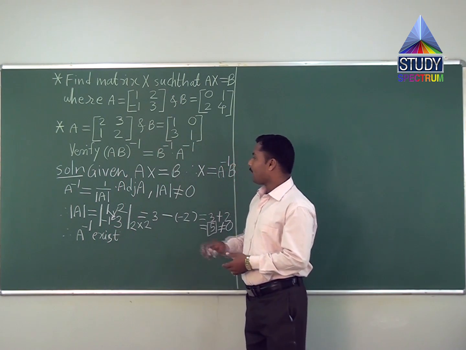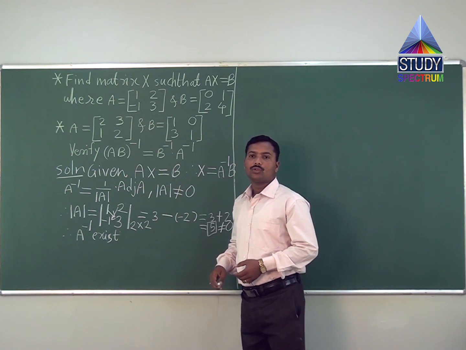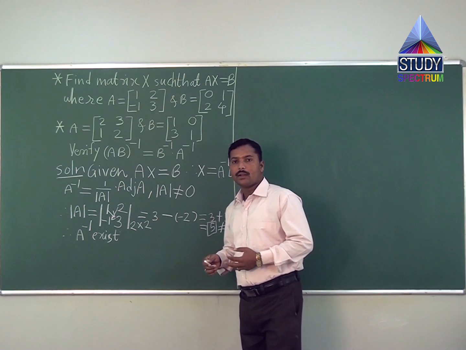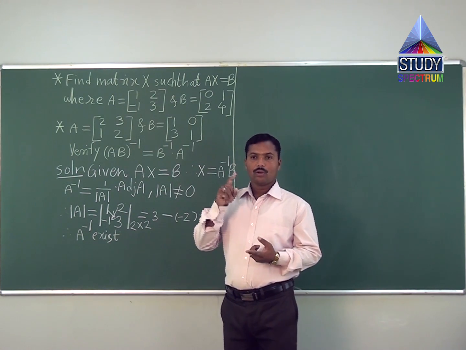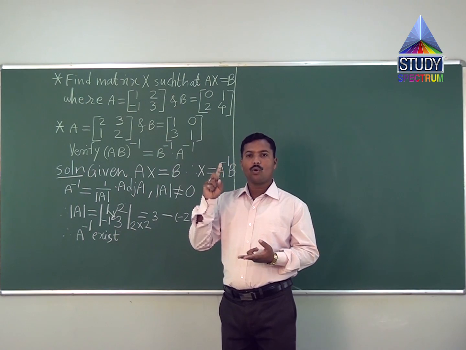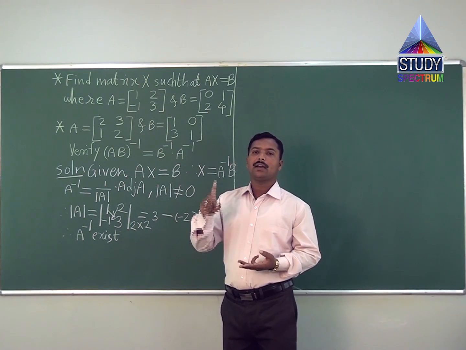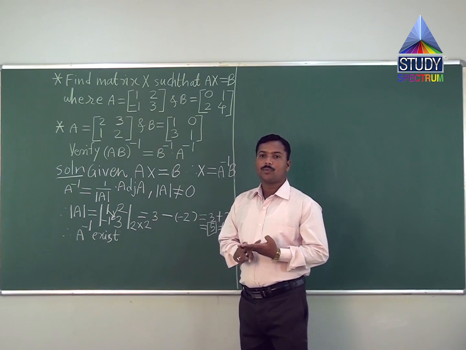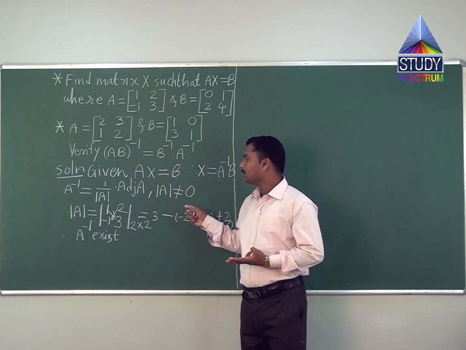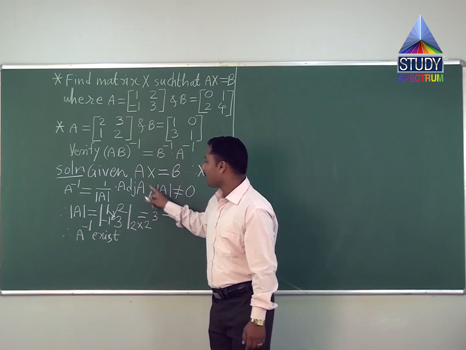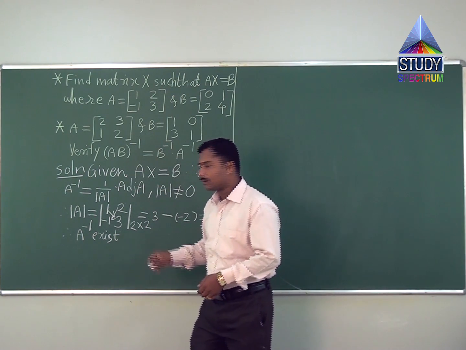After that we find the adjoint of A. So 3 steps are required for finding adjoint of A. First step, finding the minor of matrix. Second, finding the cofactors of matrix, and last, transpose of cofactor matrix means adjoint of A. So first we find the minor matrix.